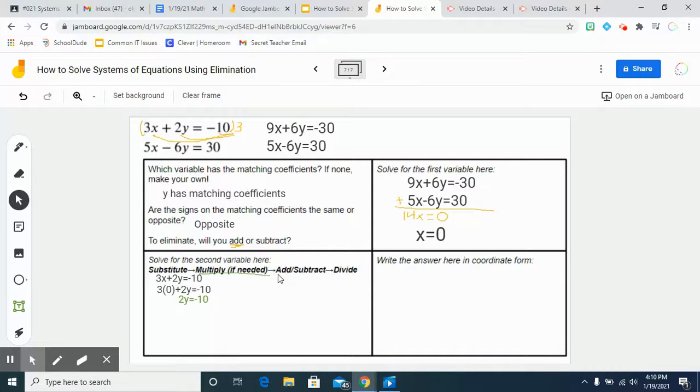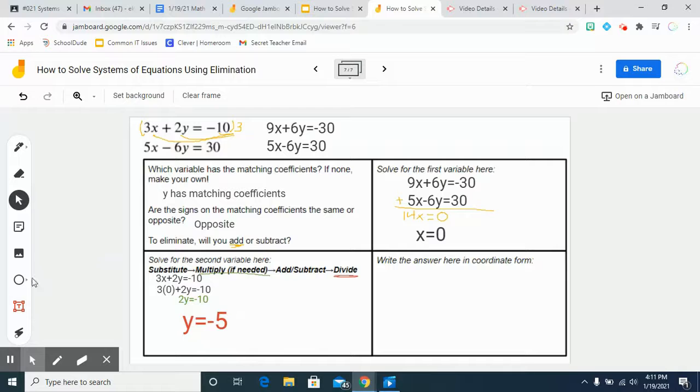Now here we don't have to add or subtract, and that's because there's really nothing to add or subtract at this point. So if you don't need that step, you can just move on. And here I'm going to be dividing, because that's all that I have left. I've got 2y equals negative 10. So if 2y equals negative 10, that means that y equals negative 5.